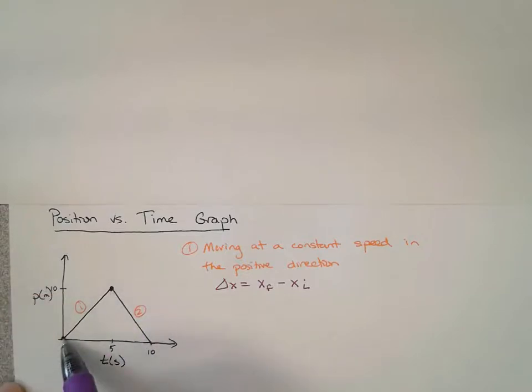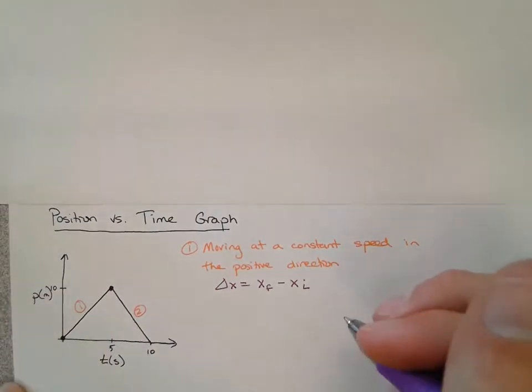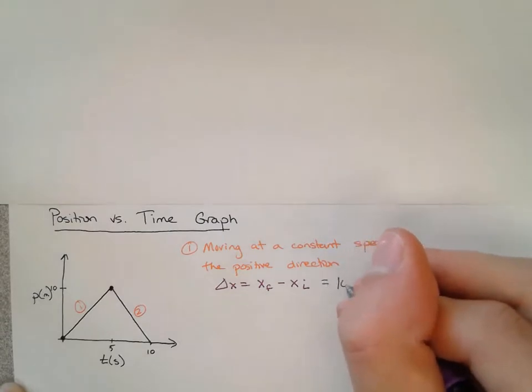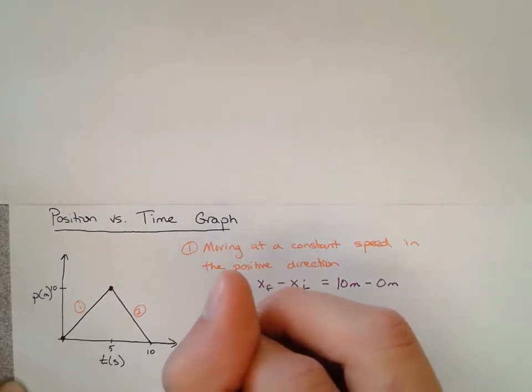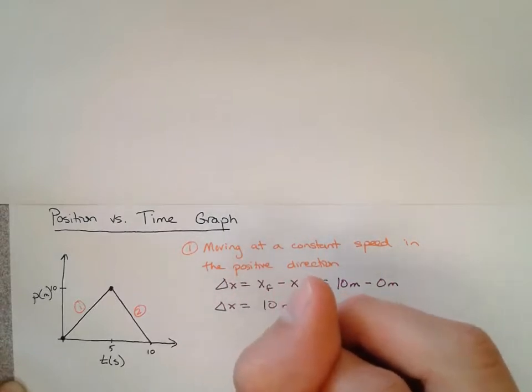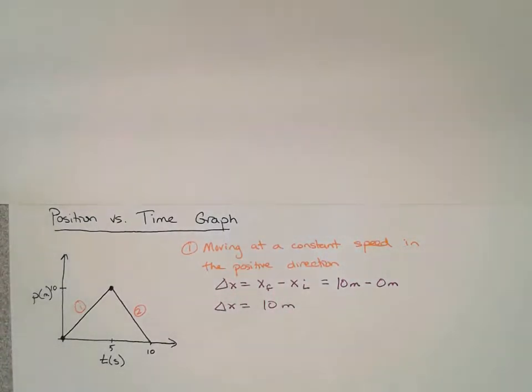My initial position here was 0 meters. So all I say is 10 meters minus 0 meters, and I get that my change in position is equal to 10 meters for that first section of motion. Alright?